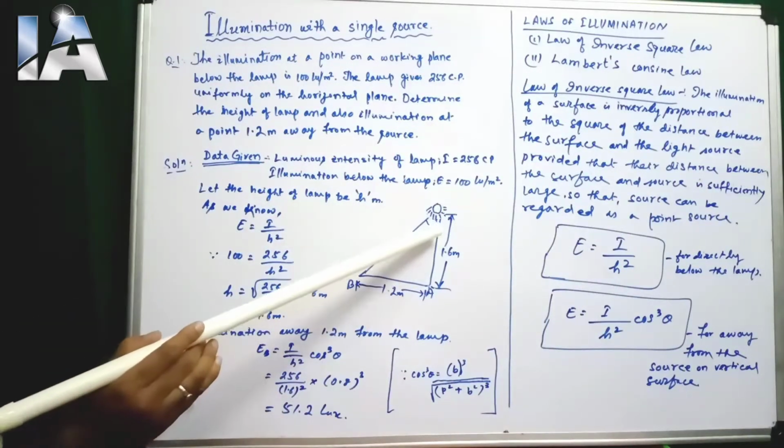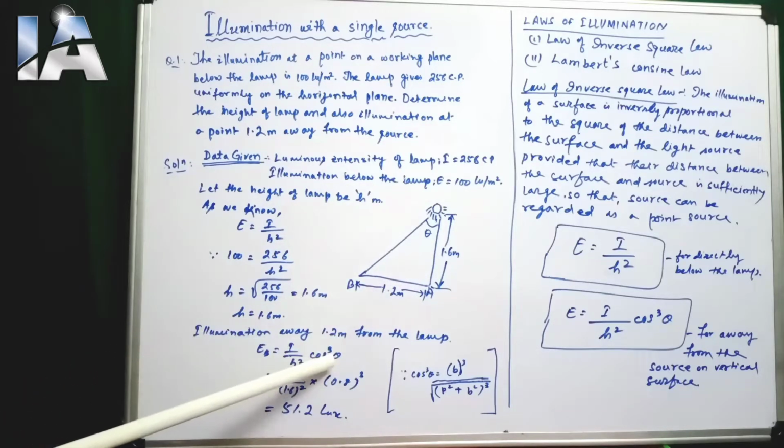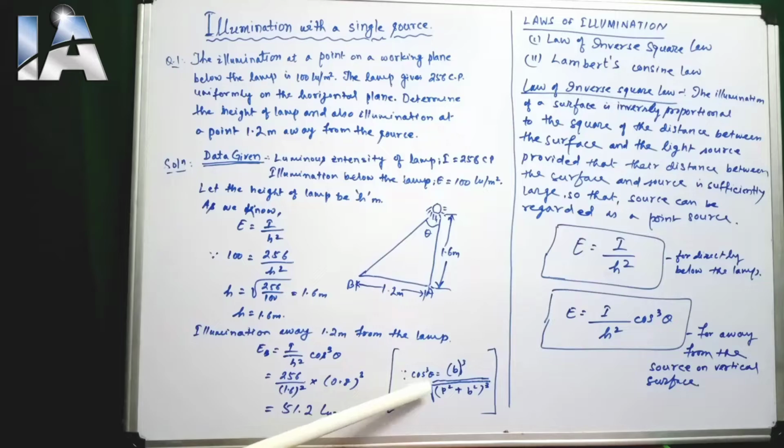But here the point is 1.2 meter away from the source, so you have to put cos cube theta. We know cos theta is equal to b by h, where h is the hypotenuse, given by the square root of p square plus b square. By putting the data of b and p, you will get 0.8.